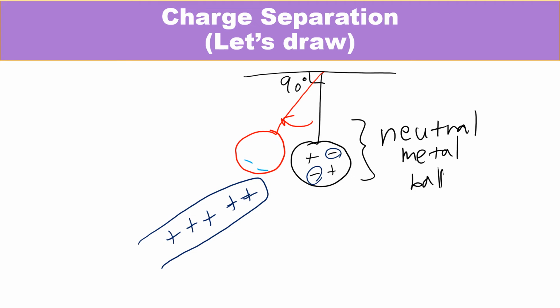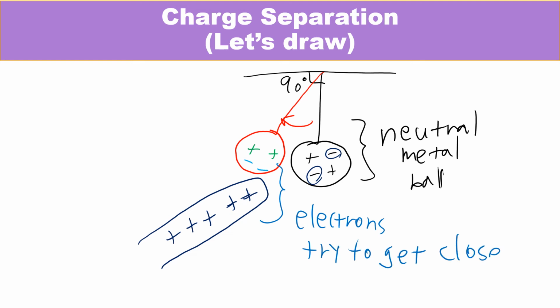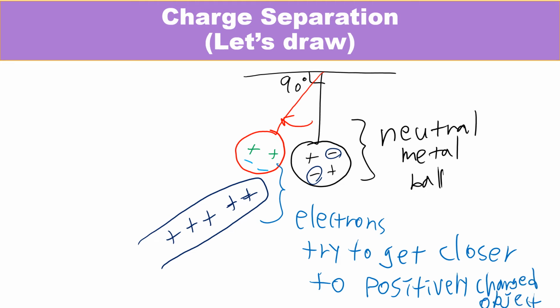On the other hand, the protons just remain in whatever place they were at. So you may notice electrons try to get closer to a positively charged object. That's what I like to say.